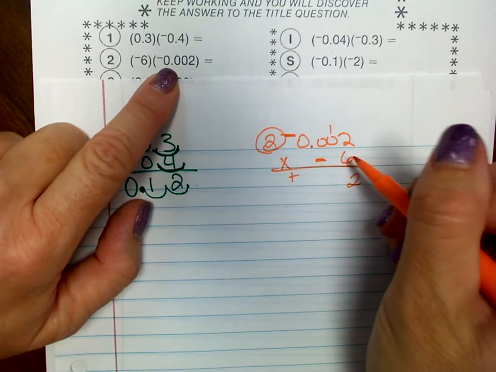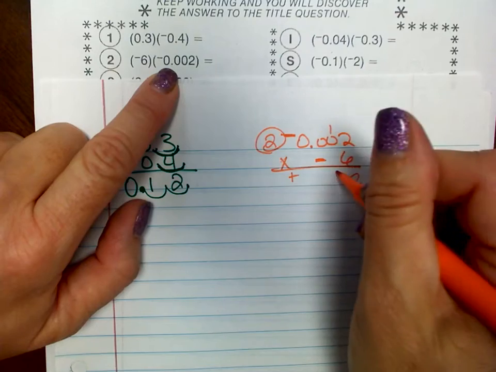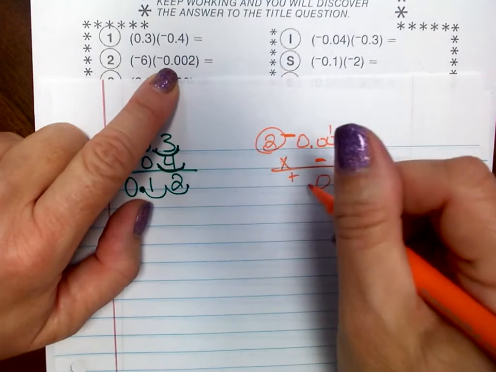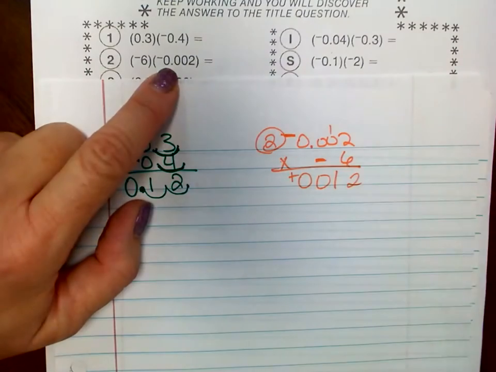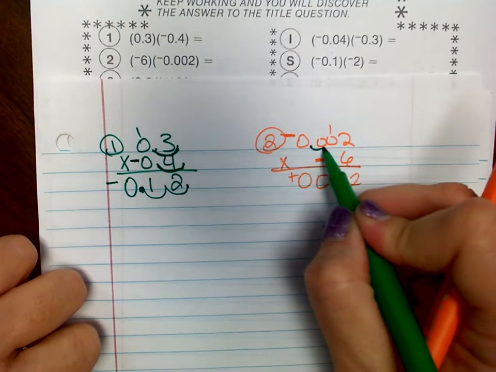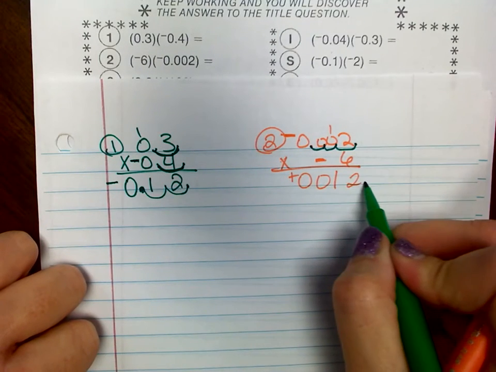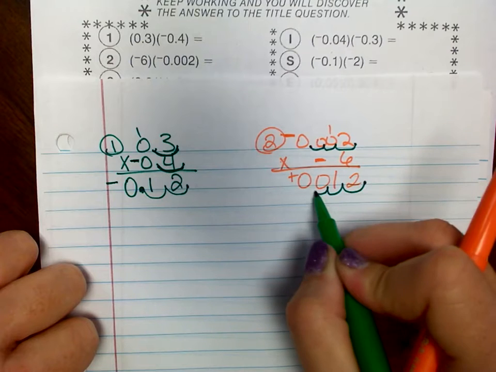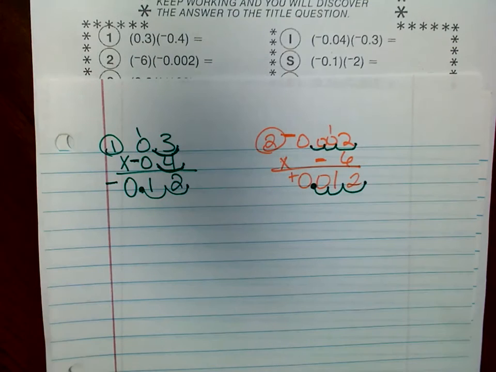And 6 times 0 is 0, but I have a 1, so you bring it down, and that's 0, and that's 0. Count your decimal spots. 1, 2, 3. Start at the end. 1, 2, 3. Okay? Easy enough. Just some multiplication. Let's look at number 4.